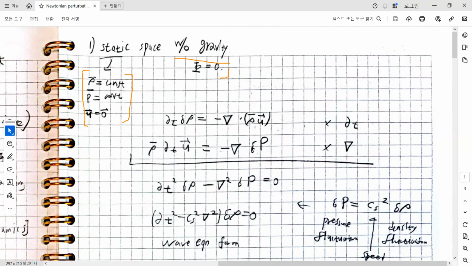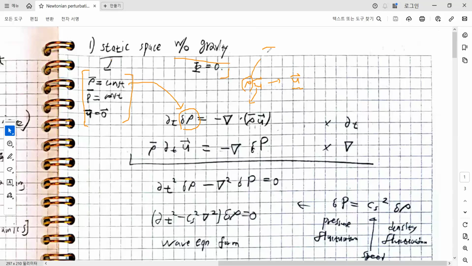So we will only consider the linear terms. There will be delta rho as the density perturbation part in the continuity equation, and because rho bar is constant, only these terms remain. For the spatial part, there would be rho u here, but u bar equals the 0 vector, so only the vector u remains, multiplied by the homogeneous part, rho bar, because u is already first order.